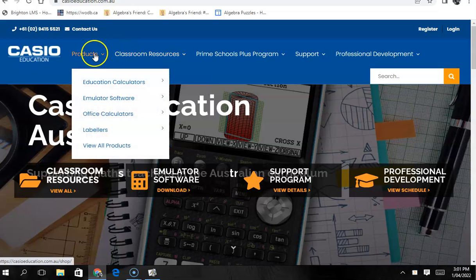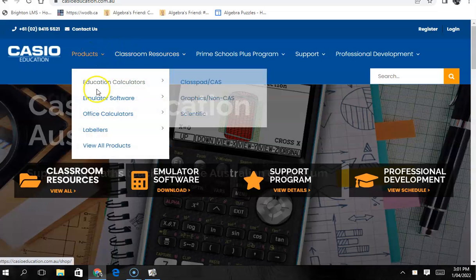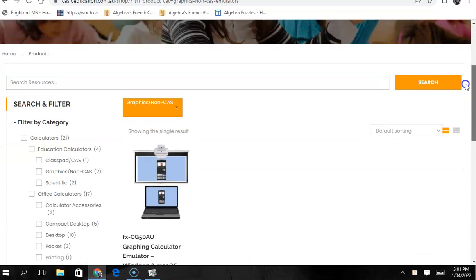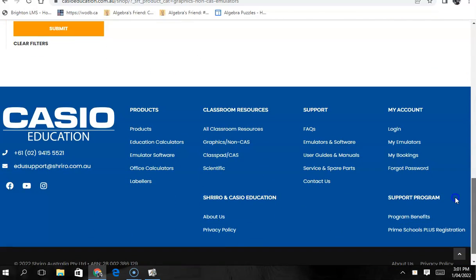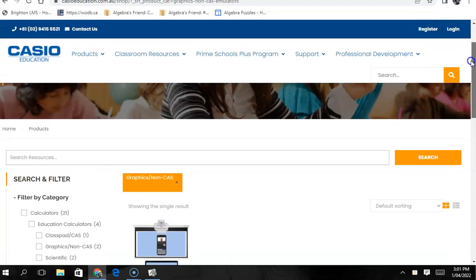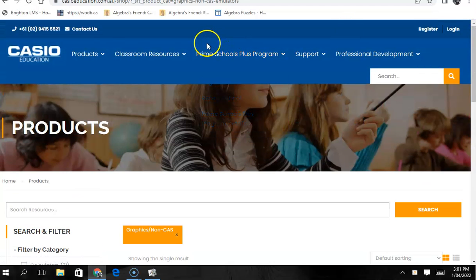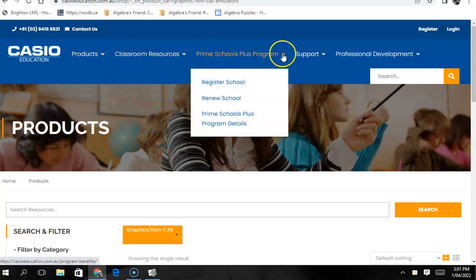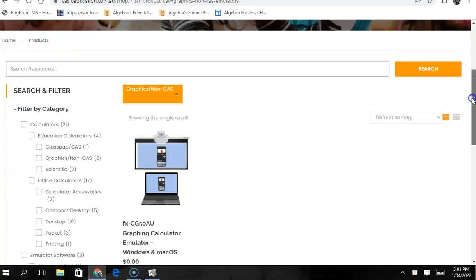Products. Emulator. Graphic. You guys will have to choose the Mac version to download, and you get it for 90 days. Oh, I lied. Maybe we go to the downloads. Play around. You'll find the downloads there somewhere.